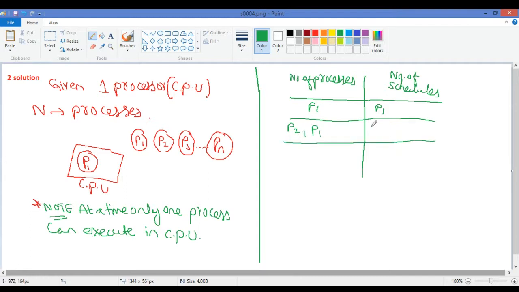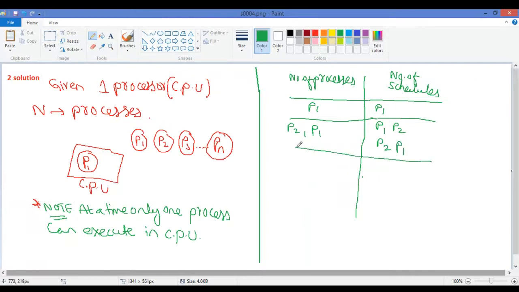So if you have two processes, then the first way you can execute is P1, P2, or the second way you can execute P2, P1.